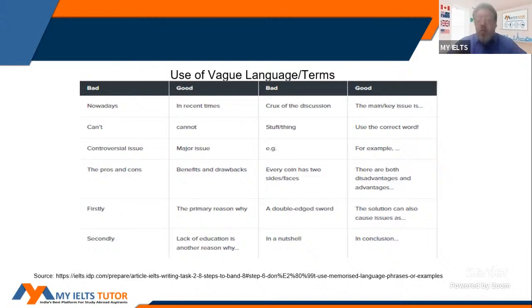So we want to go with "the main or key issue is". You can just go through this really quickly, and then we'll move on. And of course, you can always go back and review this live session, so in case you miss anything, do review.